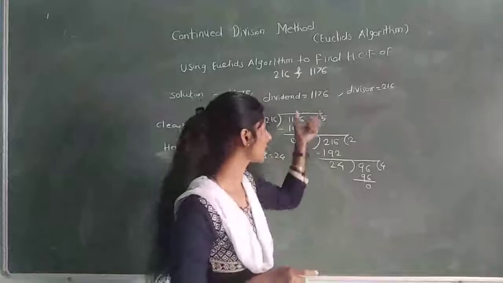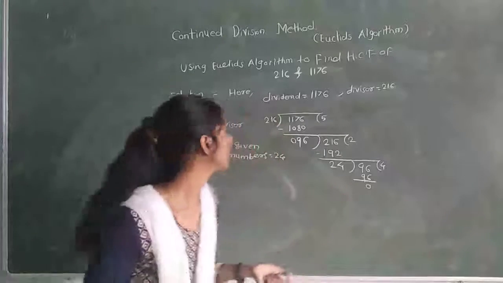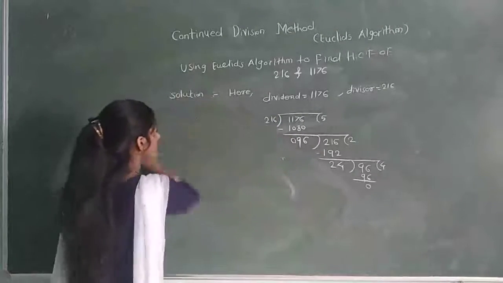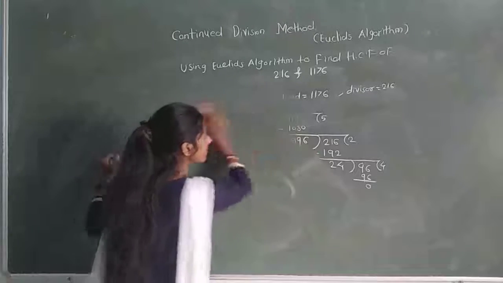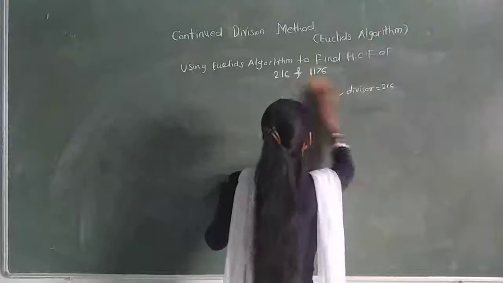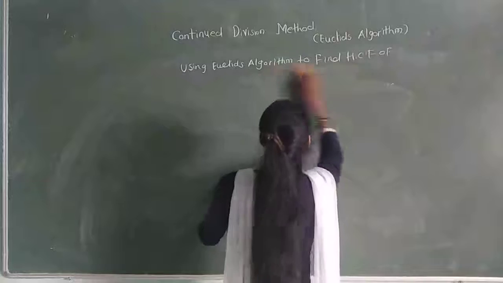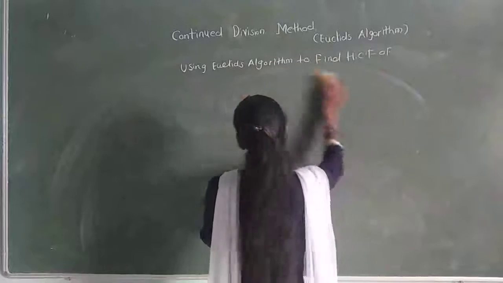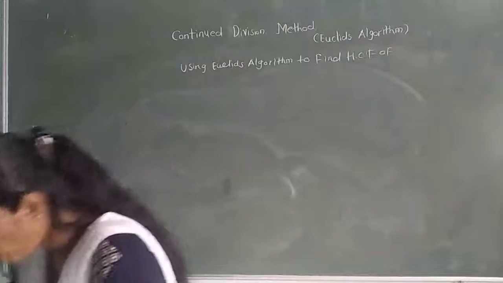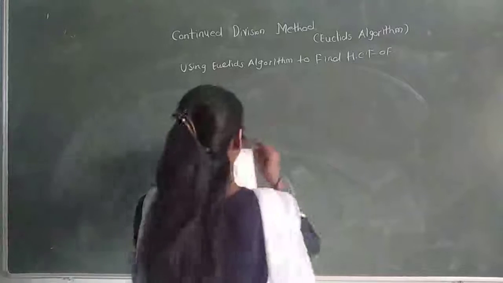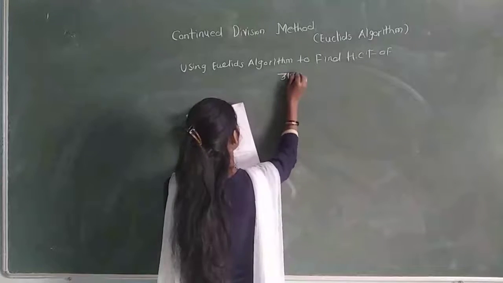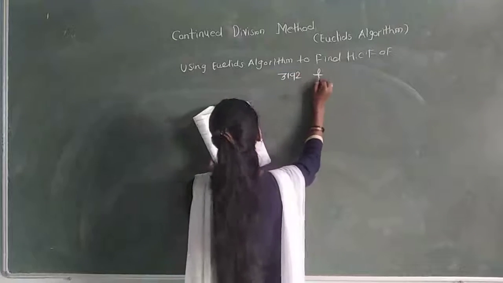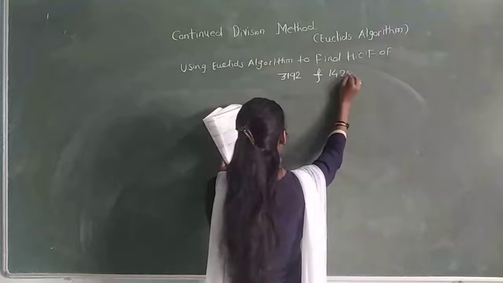Okay, now we see the same example as homework. Using Euclid's algorithm to find the SCF of 3192 and 14,280.